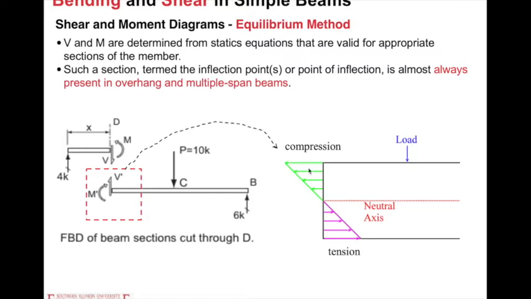That means the upper fiber of the material is under compression and the bottom fiber of the material is under tension. In between there is a zero point with no compression, no tension. That is also called the neutral axis.